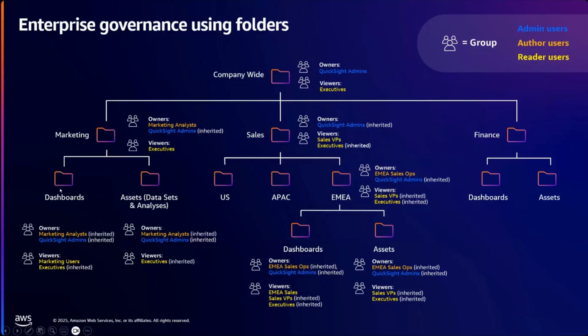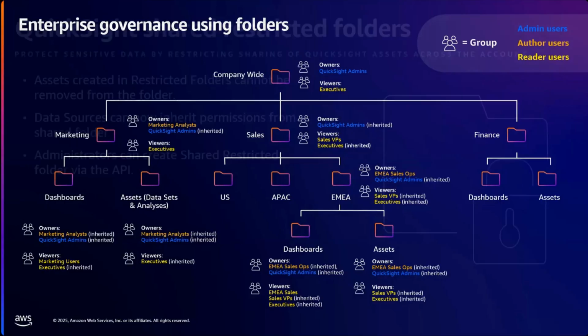So they would ideally see only the dashboards they have access to. Likewise, you can manage who should have access to which folders, and all those permissions can be inherited. So you can organize all your content within the folders and the subfolders, and put it together and share it with the other users within your accounts.